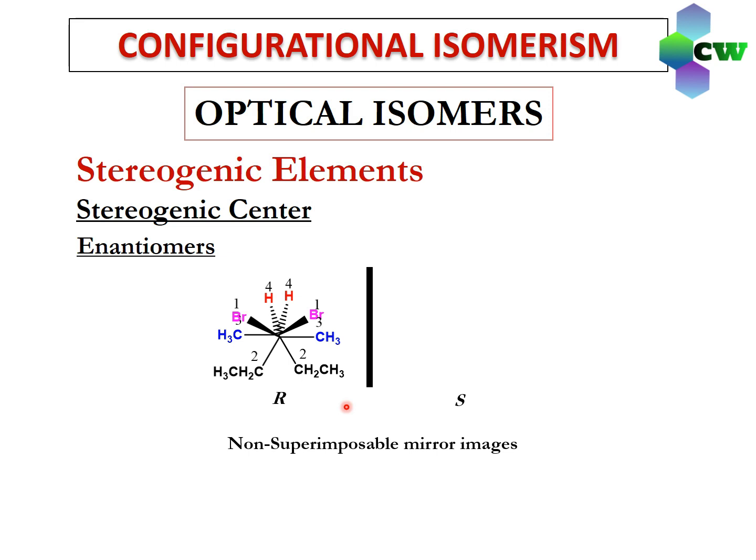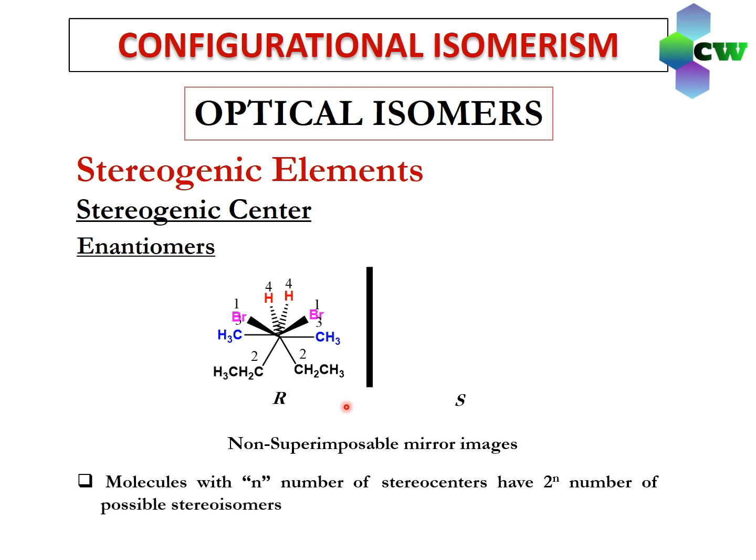Molecules which have more than one stereogenic center will have more stereoisomers possible, and this is the formula from which you can determine the total number of stereoisomers possible for a molecule.